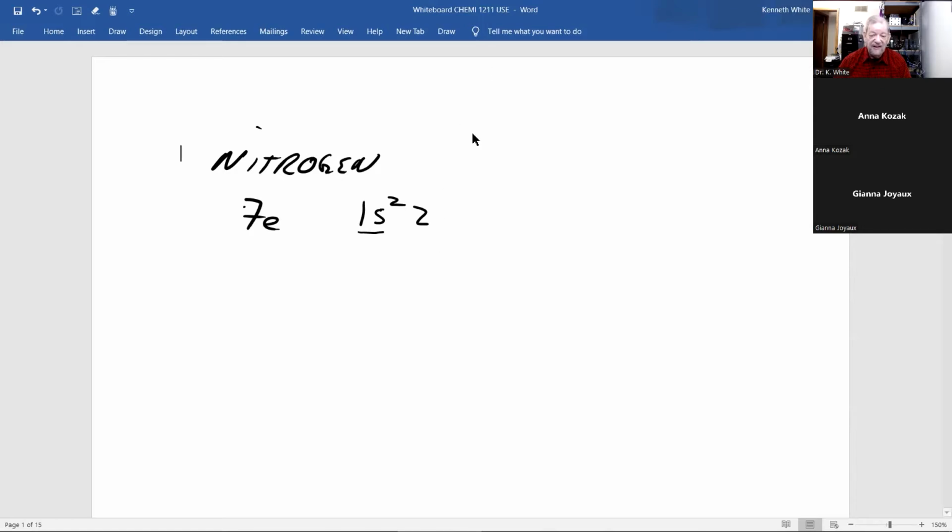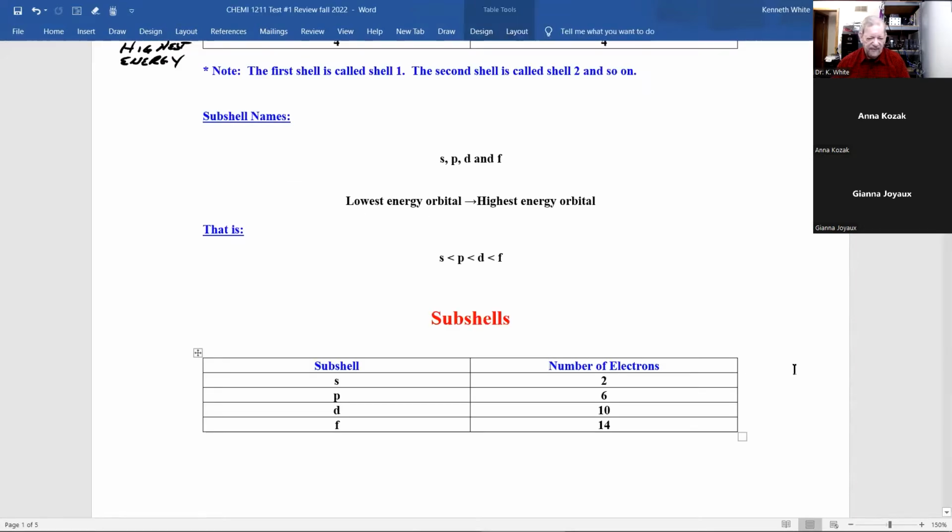And atoms always fill the lowest energy shell and subshell before they go to the next lowest energy shell and subshell.